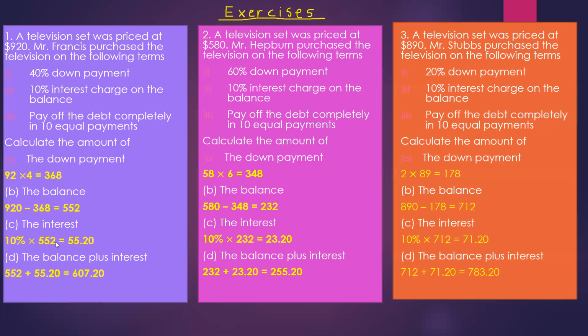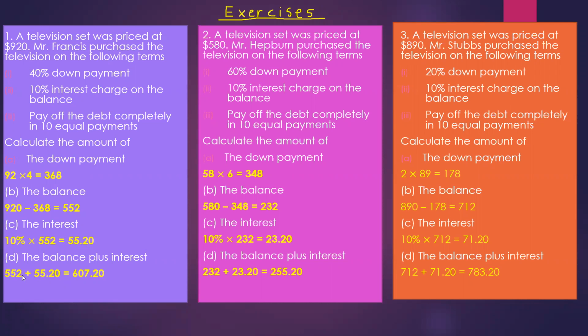Again, you cancel out the zeros, which gives you 1 over 10 times 552. So now it's 552 over 10, which means 552 divided by 10, and that gives you $55.20. Excellent.